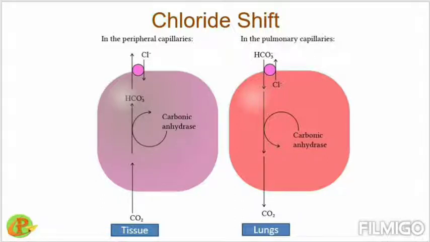The opposite is happening near the pulmonary capillaries, where the bicarbonate ion is entering into the RBC with the exchange of chloride ion as well, and here with the help of carbonic anhydrase it is again converted into carbon dioxide, which is released into the lungs, and lungs will expel it to the atmosphere. So this process is called chloride shift.